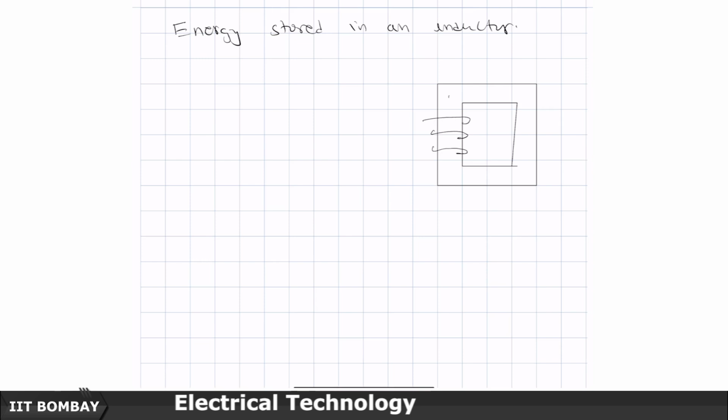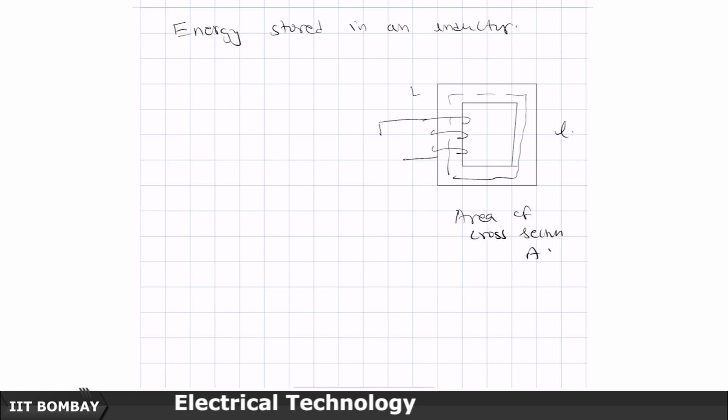So the length of the magnetic path is L, area of cross section is A.